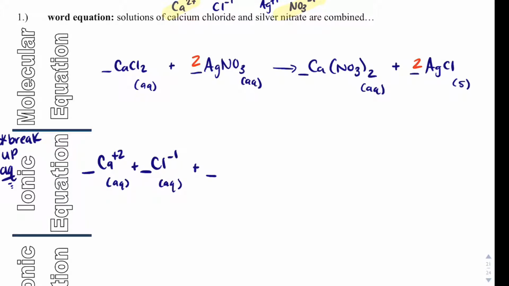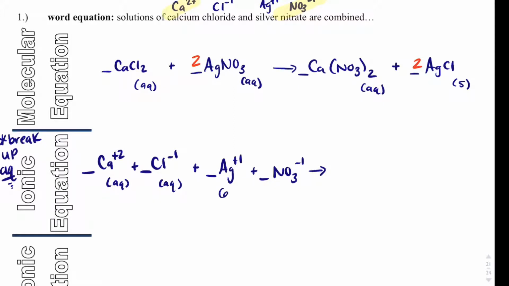And then we're going to have silver ions and nitrate ions. The reason we're doing this is that if it's aqueous, it's really just ions, and so we're showing a more accurate representation of what's actually happening if you had this reaction in front of you.